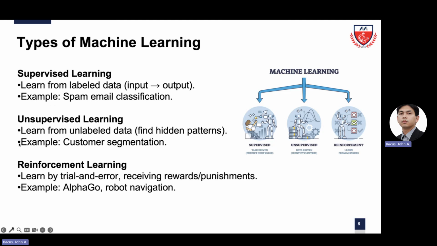Now, what are the types of machine learning? One is supervised learning, then unsupervised learning, and reinforcement learning. Supervised learning is learning from labeled data. I'm pretty sure you already discussed supervised learning in your data science class, right?